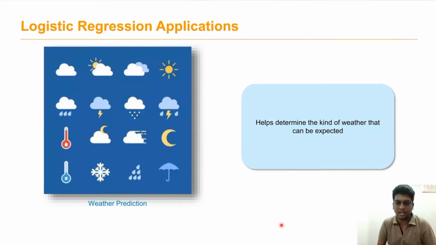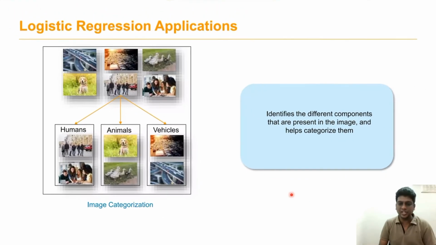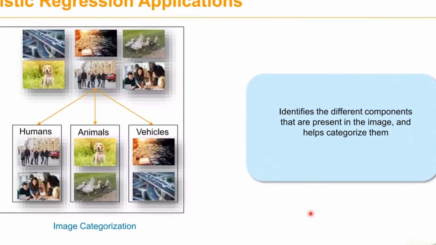One application of logistic regression is weather prediction. We normally can't predict the weather accurately, but logistic regression helps to identify the weather clearly. We can predict whether it is a sunny day or a cloudy day, or if there is a possibility of rainfall or not. Image categorization and classification is also a useful application.